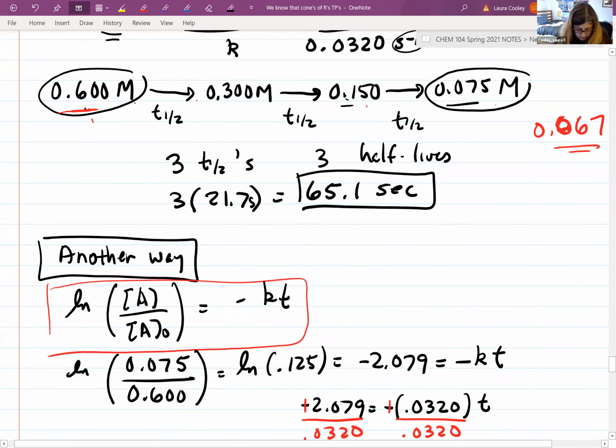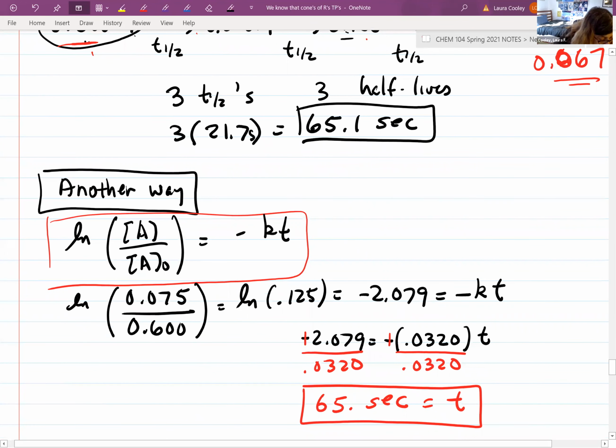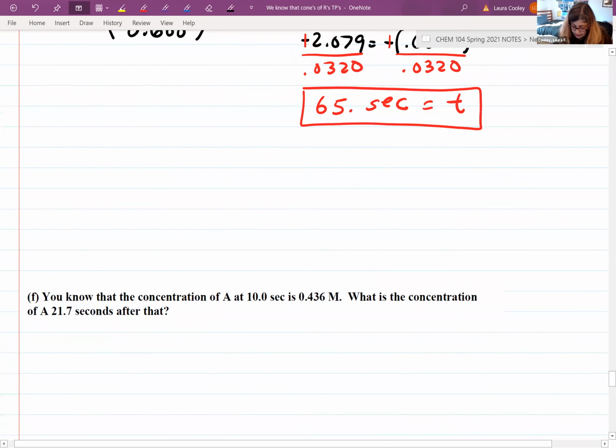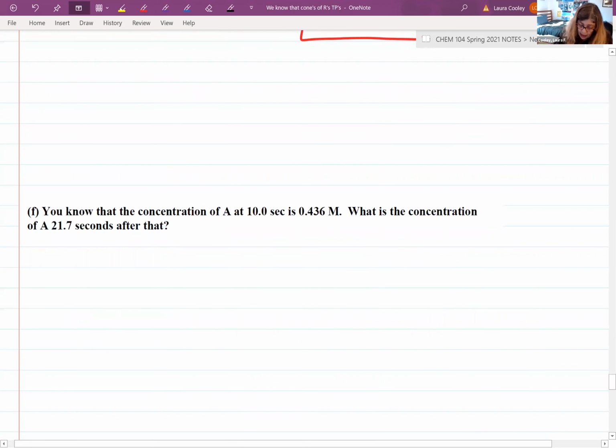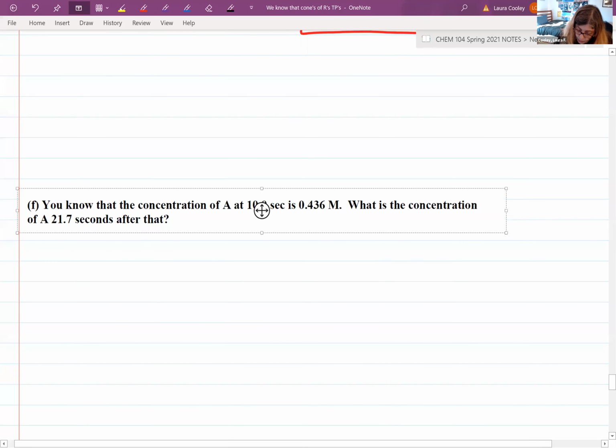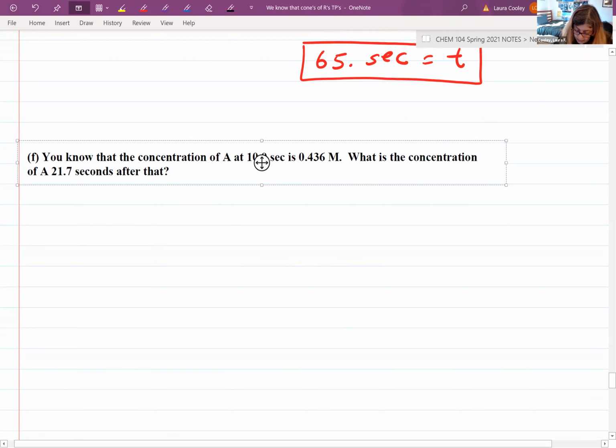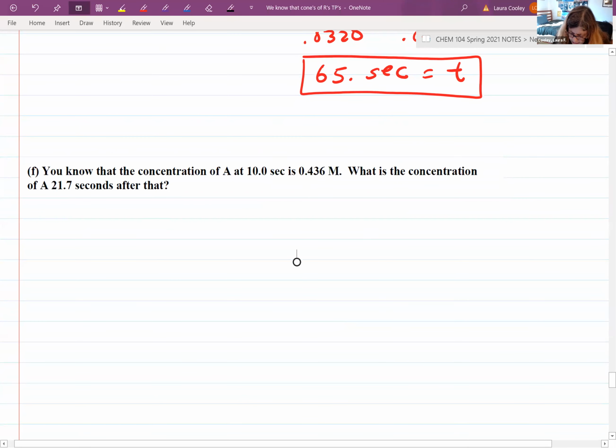All right. Let's see. I think we have another part of this problem here. Oh, yeah. So now this is a little bit different. Actually, it's not much different. So we're going to use the same equation. It's really the same.